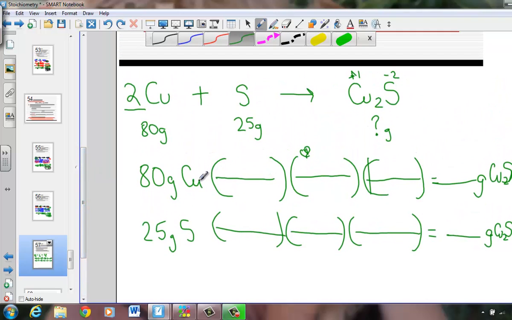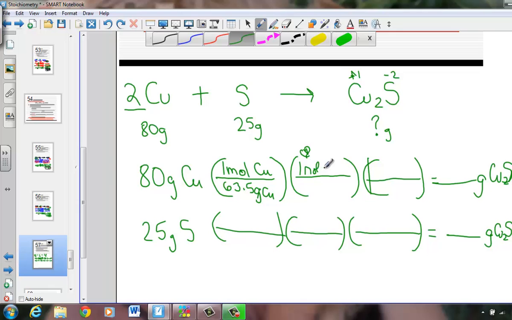To convert grams of copper to moles of copper, we need the molar mass of copper. Finding from your periodic table the mass of 1 mole of copper, 63.5 grams. It's gram atomic mass. 1 mole of copper would weigh exactly 63.5 grams of copper. We want over given, my mole ratio.